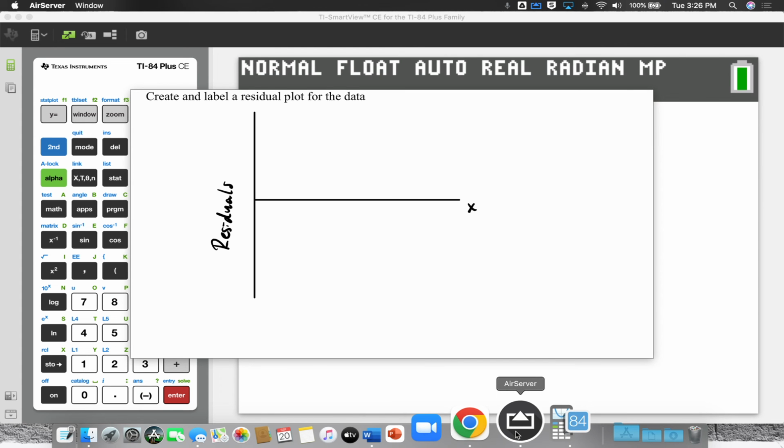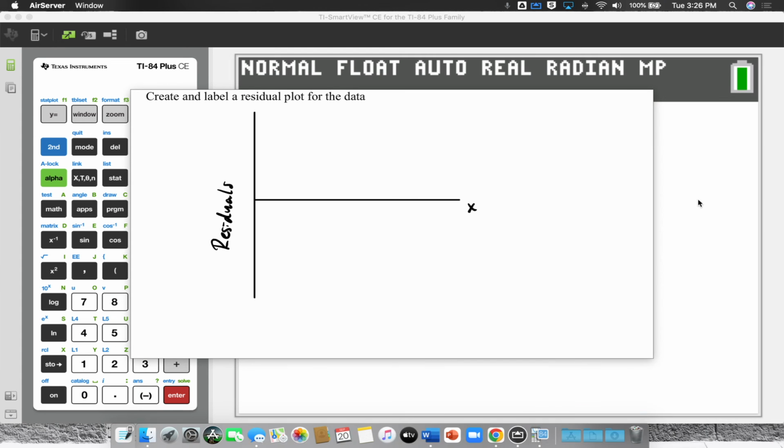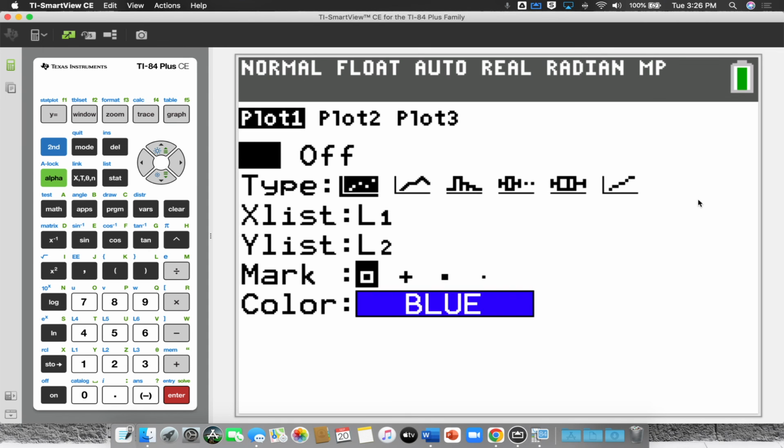I can't type in shoe size on my calculator. L1, so we'll leave x the same. The y is going to change. What do I want to tell it to be now? L3. If you're not in L3, don't put L3. Some of you had it in a different list. That's fine, but just tell the calculator that, because the calculator doesn't know unless you tell it to.